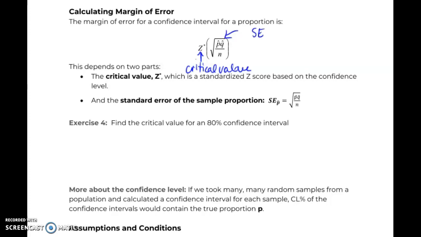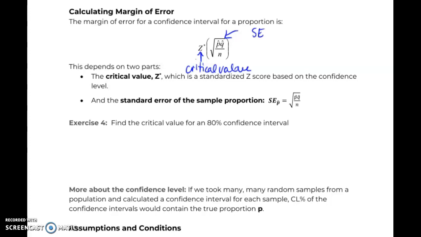This looks very familiar because it's very similar to the standard deviation of our sampling distribution for the sample proportion. The only difference is that because I don't know the population proportion, I'm going to estimate it with the sample proportion. So instead of a p, you see a p hat underneath the square root, and a q hat instead of a q.